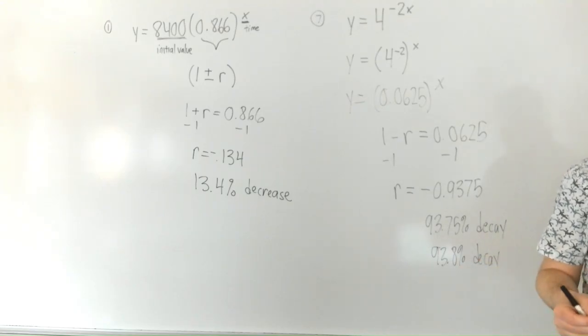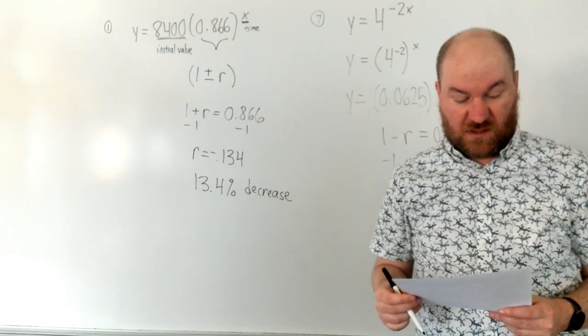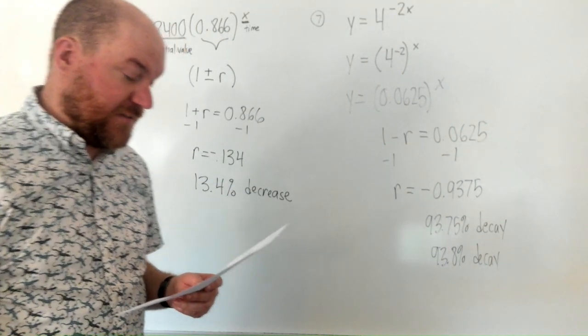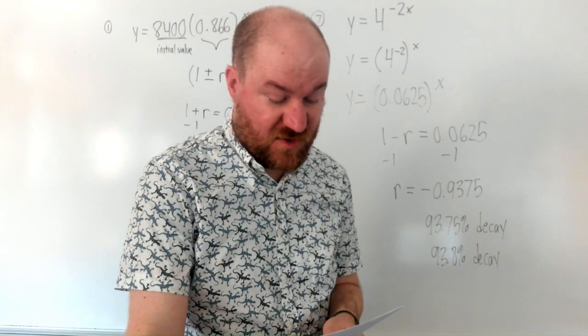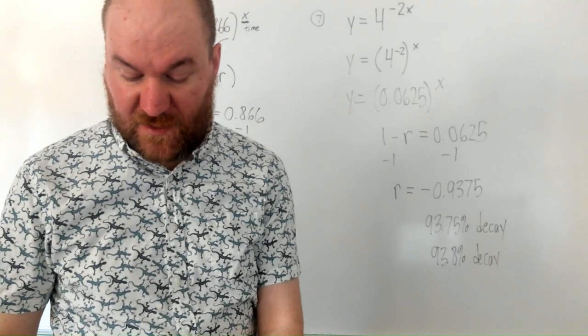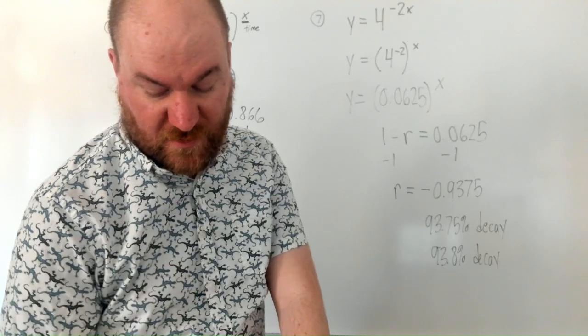All right, let's jump to the next one on my list here. That's number 11. Number 11, I shouldn't have to write anything. I can just say the function represents the change in quantity over t days. What does the constant 0.998 reveal about the rate of change of the quantity?